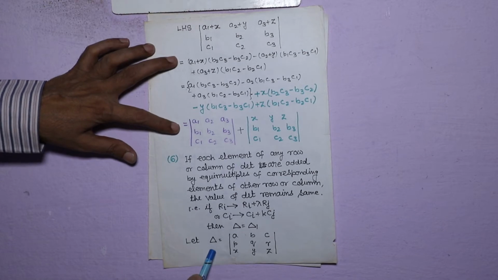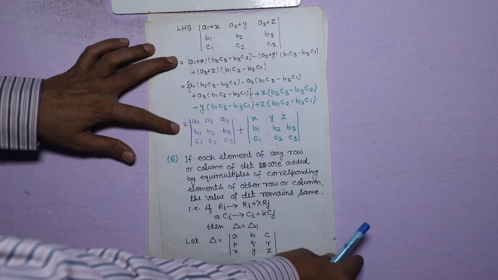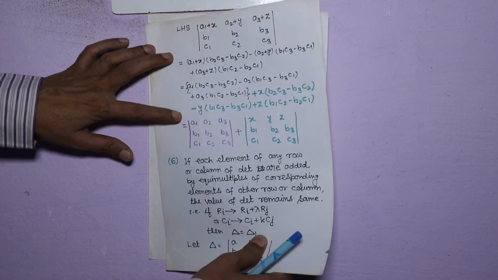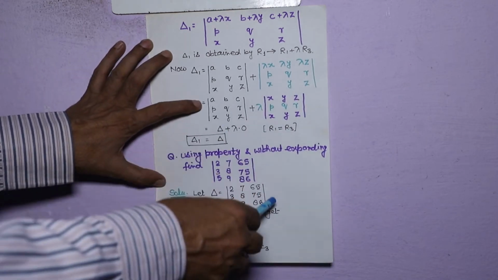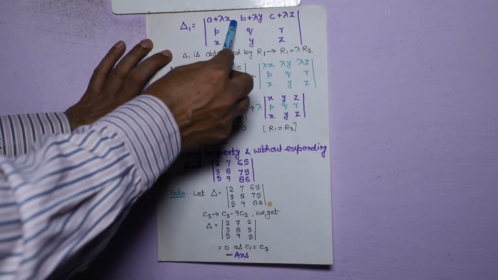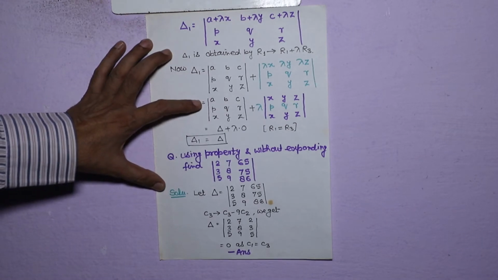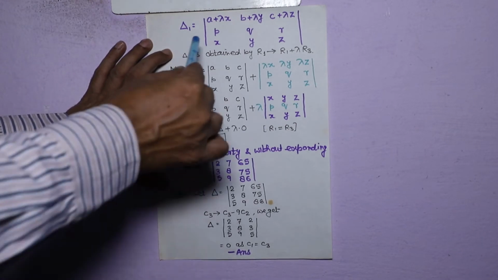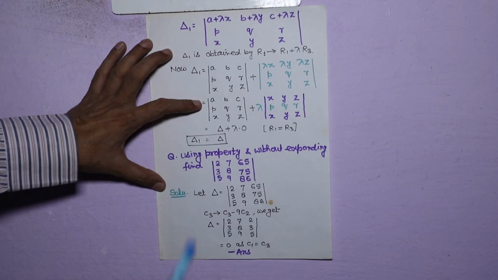Let the determinant be A, B, C, P, Q, R, X, Y, Z. Now any row, if it is expressed by multiplying and then adding, as A plus lambda x, B plus lambda y, C plus lambda z. Here third row elements are multiplied by lambda and added with the first row.